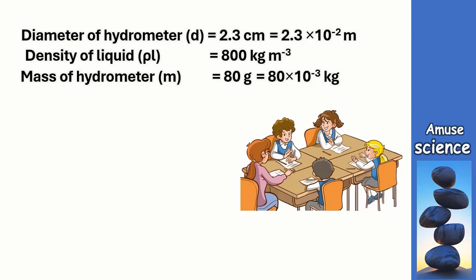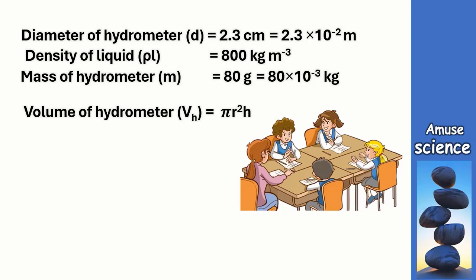We are told to calculate the depth to which the hydrometer sinks. And the depth cannot be obtained alone, but could be obtained from the volume. And so we have to relate the depth of the hydrometer to its volume. And with this, we know that the volume of the hydrometer is going to be pi r squared h, because the hydrometer is cylindrical in its appearance.